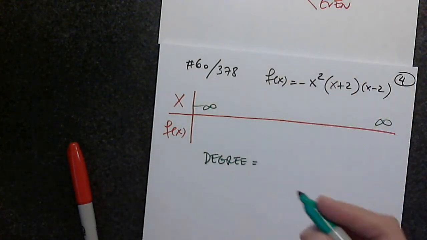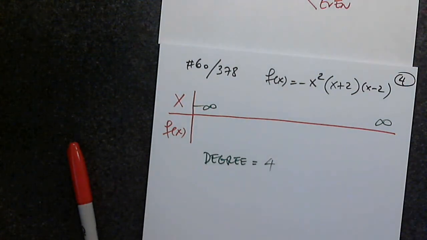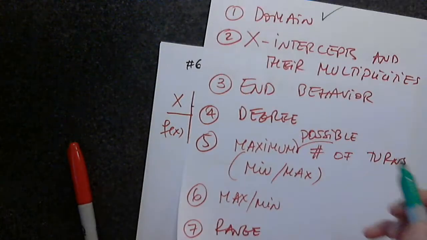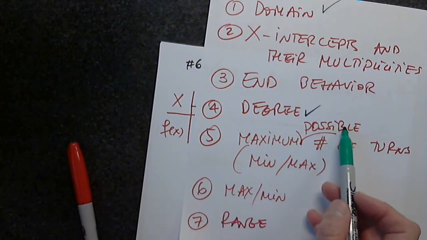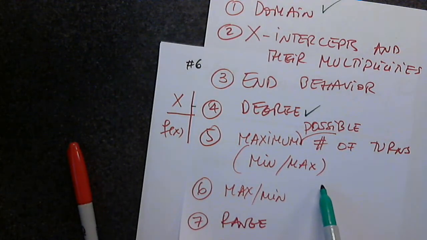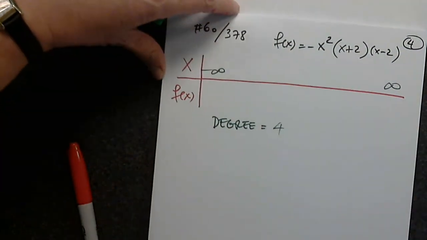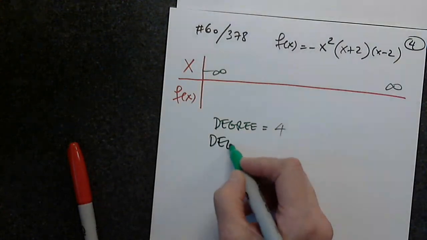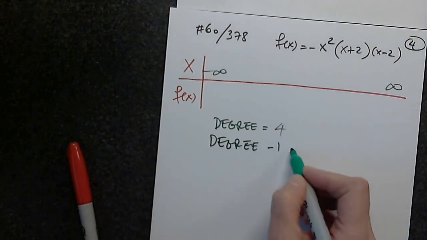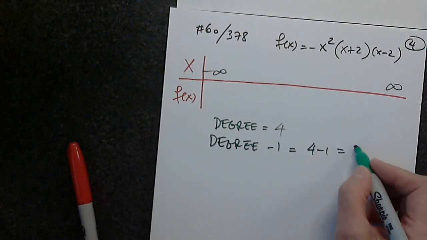Thank you very much. Well done. Who was that, Tiana? Thank you. So that is done. Now the maximum possible number of turns. That is always degree minus 1. 4 minus 1 equals 3.